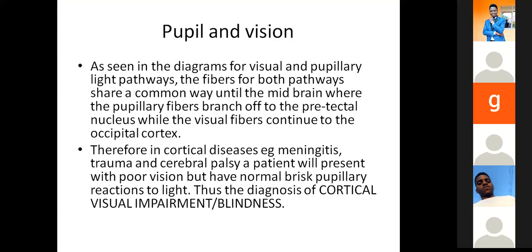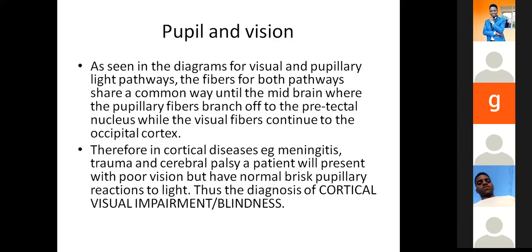And so when you have cortical abnormalities, for example, injury affecting the occipital cortex, you will always have a patient presenting with poor vision. But the pupil in those patients will appear normal because the fibers of the pupil don't reach the occipital cortex.